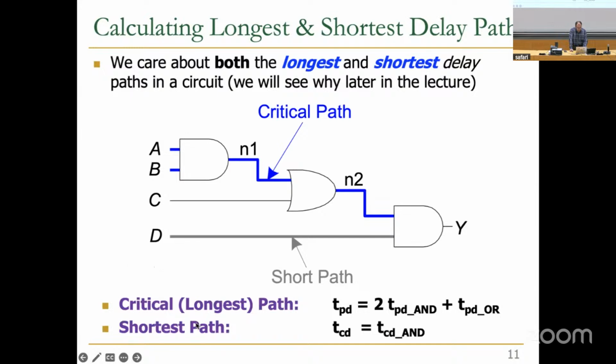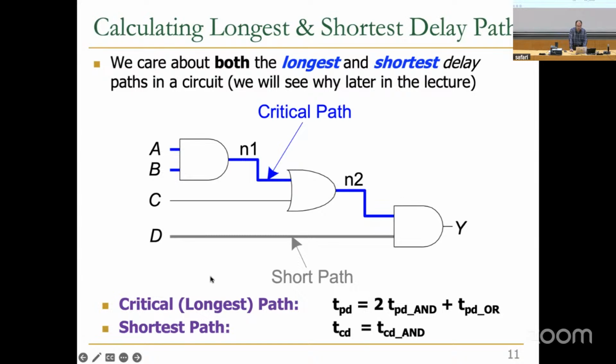For the critical, longest path, we calculate the latency from propagation delay. It is going to be one propagation delay of this AND, then one propagation delay of this OR, and then one propagation delay of this AND. So in the end, we have two propagation delays of AND plus one of OR, right?